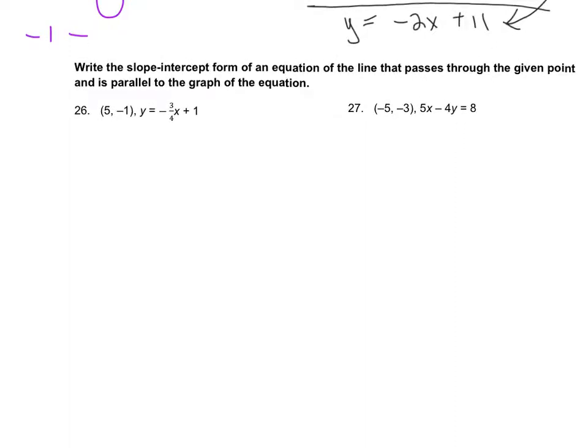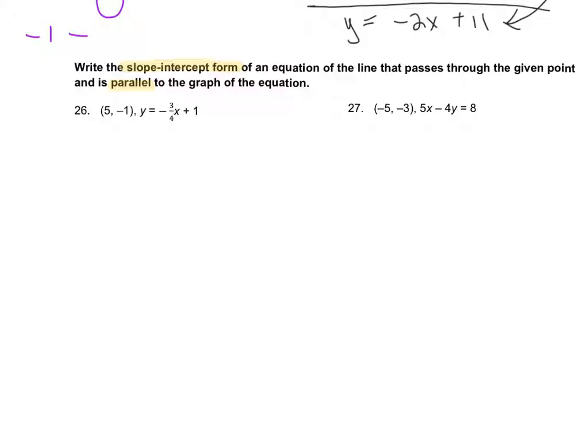Number 26 and 27 are asking you to write the equation in slope-intercept form. So I have to make sure that I answer it in y equals mx plus b. For a line that passes through the given point and is, keyword, parallel to the graph of the equation.